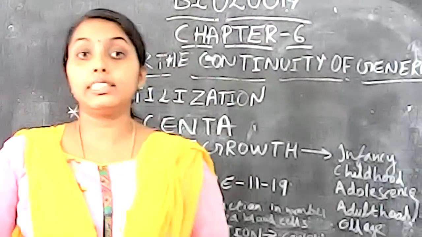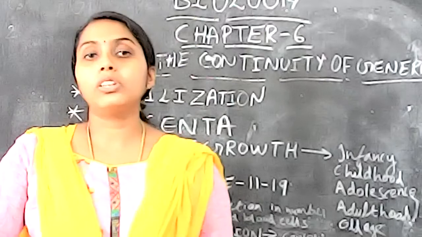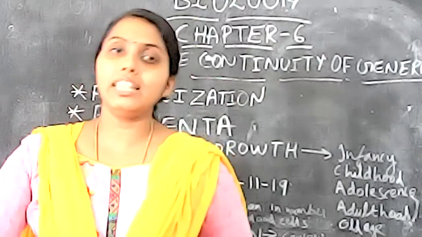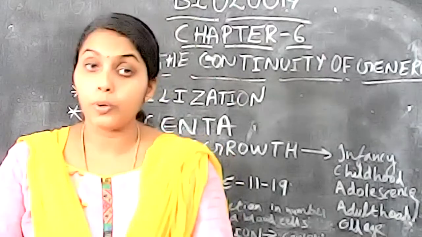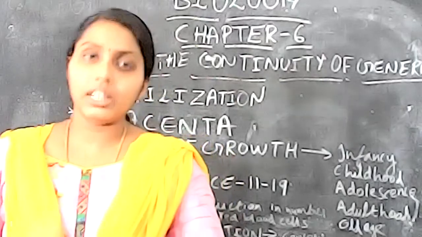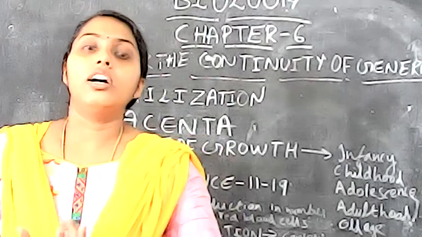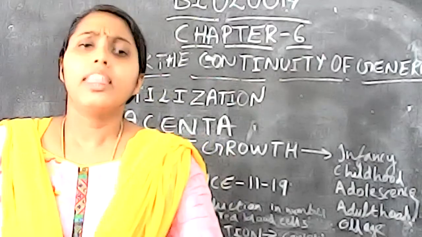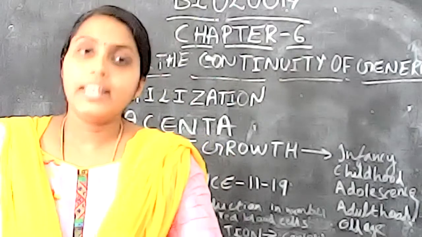Anemia is a disease caused by a reduction in the number of red blood cells. Our blood is red in color because of the presence of hemoglobin. So if the number of red blood cells or the hemoglobin in our blood decreases, that results in the disease anemia.